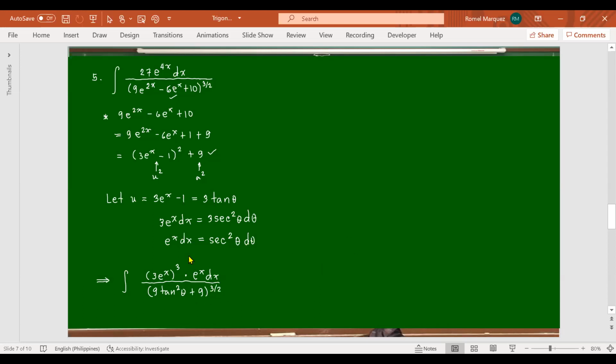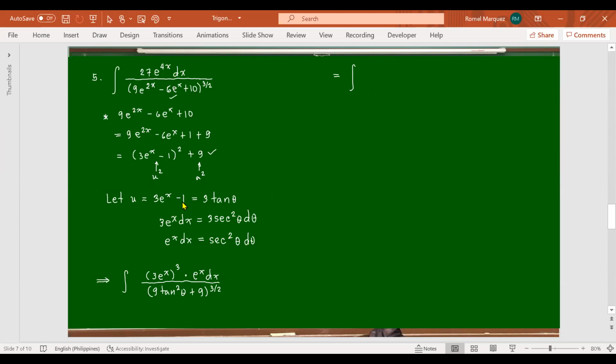But what is my 3e to the x, guys? Remember this is 27 e to the 3x times e to the x, giving this quantity 3 e to the x.